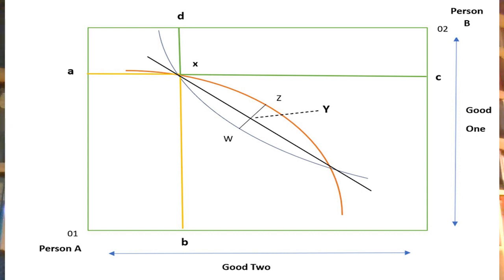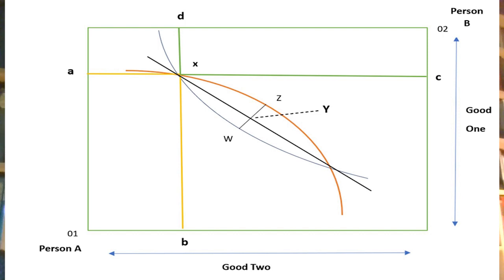The amount of good 1 available is shown by the vertical sides of the box. The amount of good 2 available is shown by the horizontal lines. We assume that good 1 and good 2 are completely divided between the two persons. Any point inside the box shows how much of good 1 and good 2 persons A and B have.